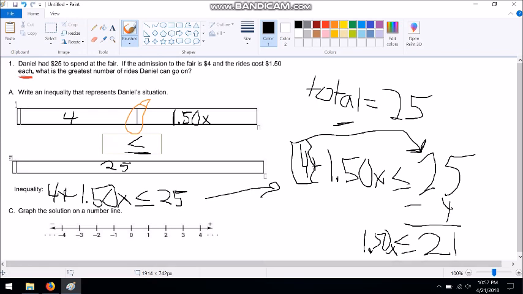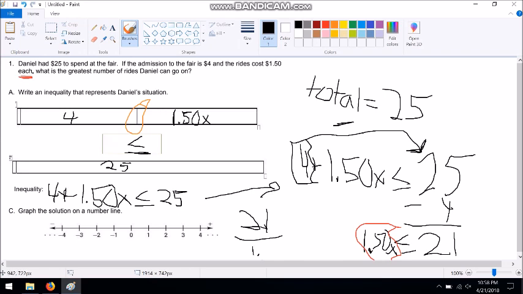So the next thing you have to do is, whenever you see a number attached to a letter like we have here, you divide both sides of your equation, or your inequality in this case, by the number that is stuck to x. And we see that that's 1.50.